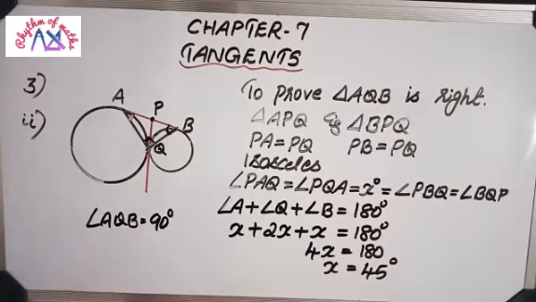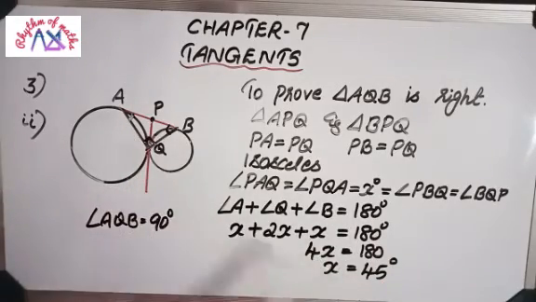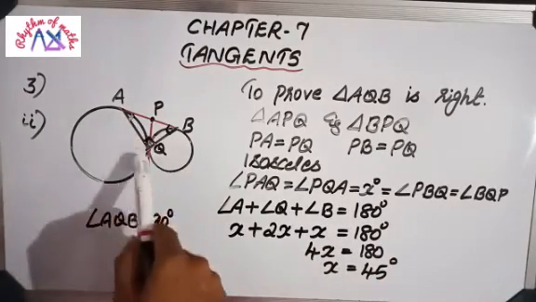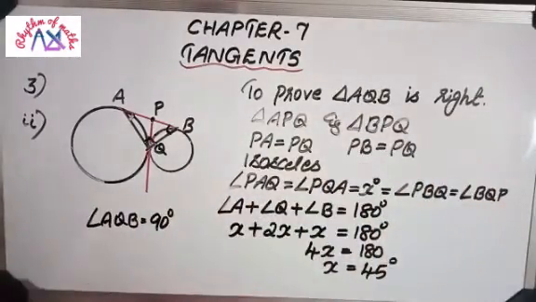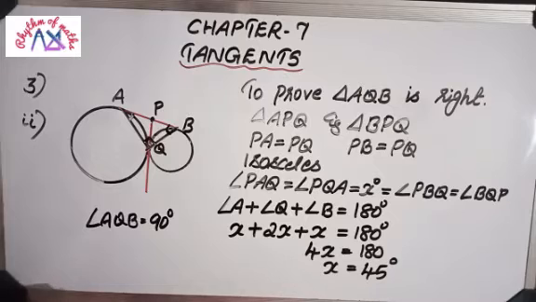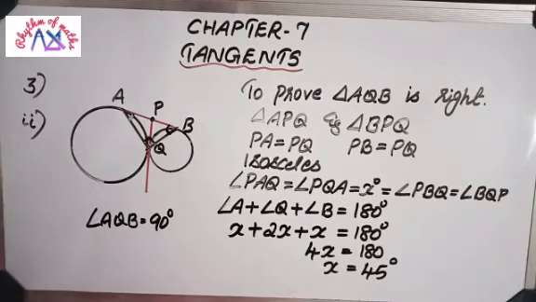So what we can say about the triangle AQB? One angle 90 degrees. The next two angles are same, x means 45, 45 degrees. So triangle AQB is a 90 degree triangle, a right angle triangle. So this is the second sub question's answer.